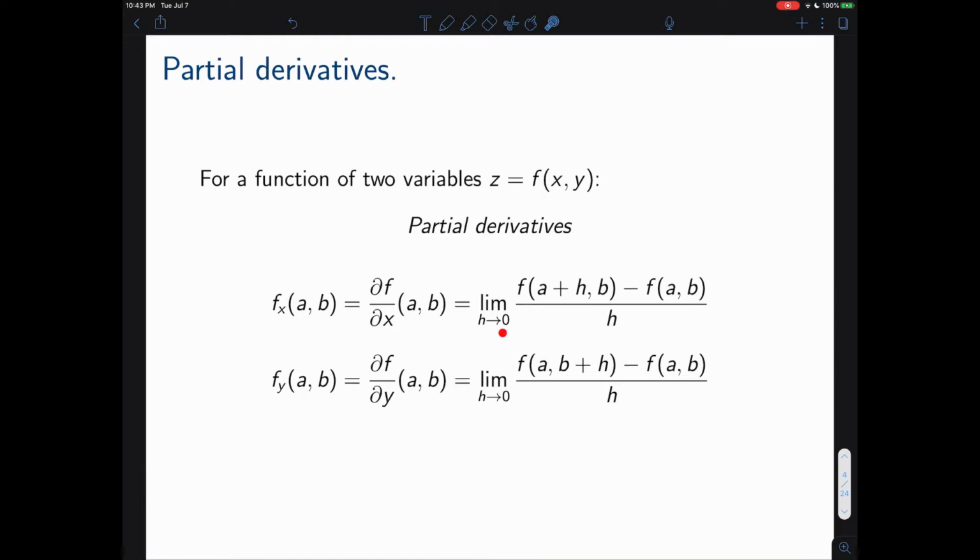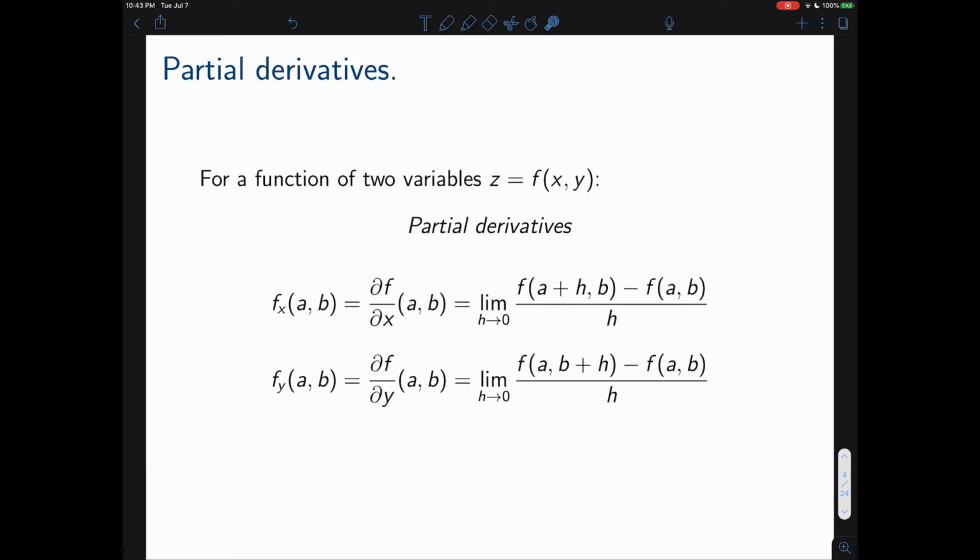These things are limits of difference quotients, so in that sense they're just like the single variable derivative that we just reviewed, and they're called partial derivatives. So this function z equals f of x, y has two different partial derivatives. It has an x partial derivative, which is the first one, and a y partial derivative, which is the second one.